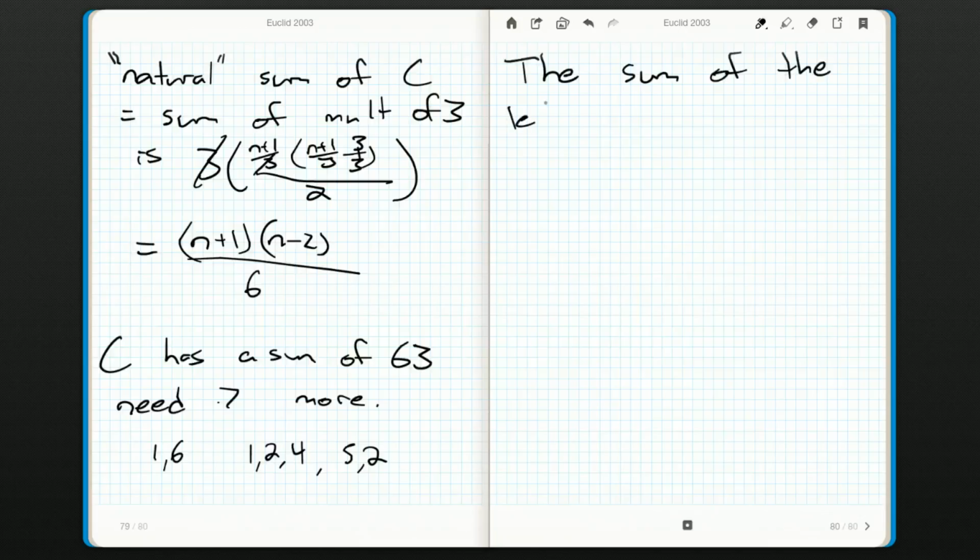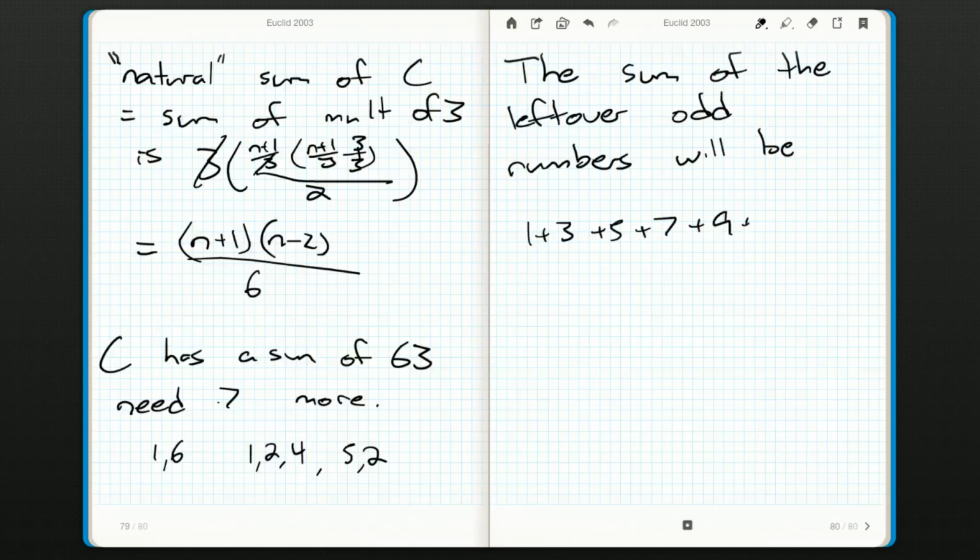Let's figure out the sum of the leftover odd numbers. So the odd numbers will be 1 plus 3 plus 5 plus 7 plus 9 plus all the way up to n minus 1, because remember n is even.